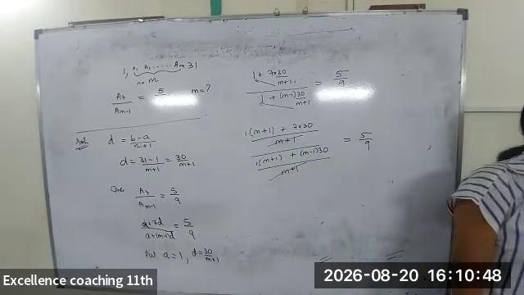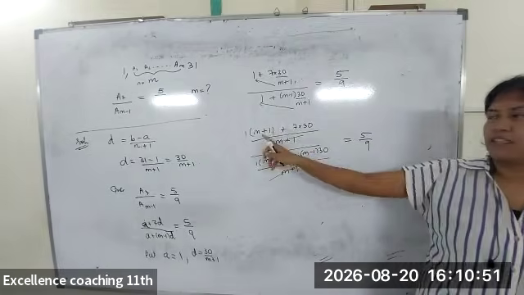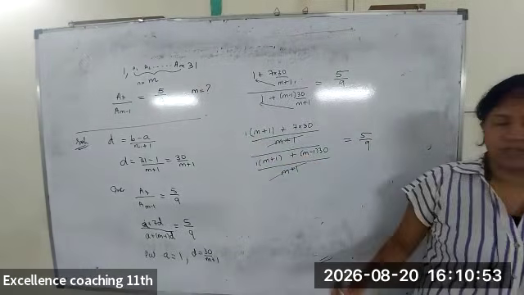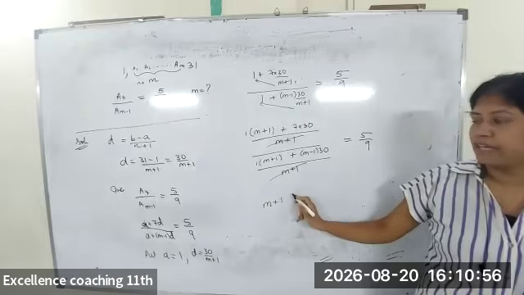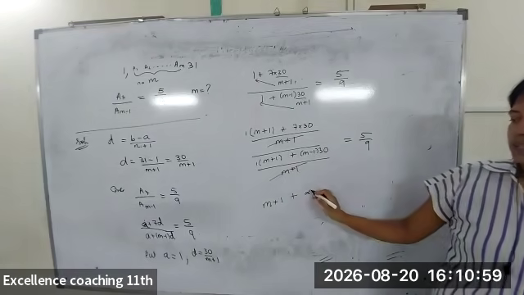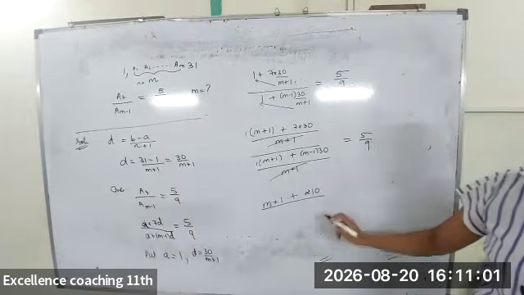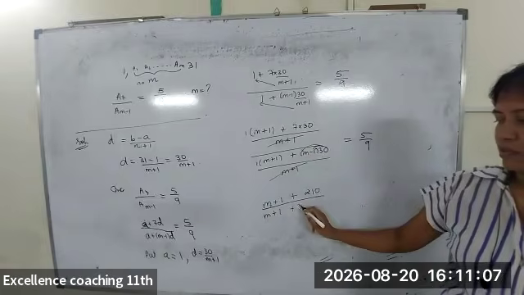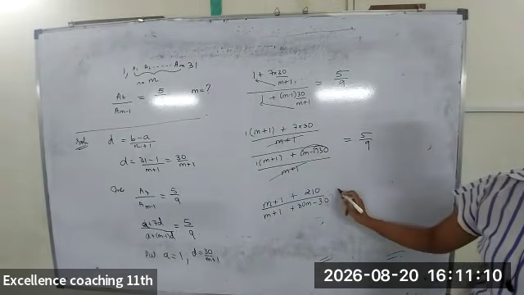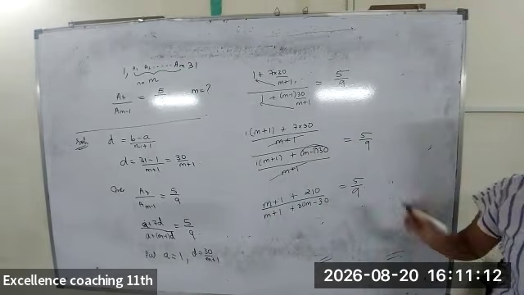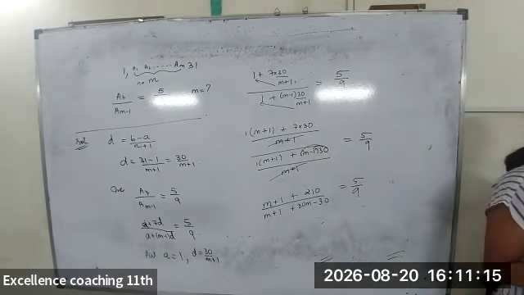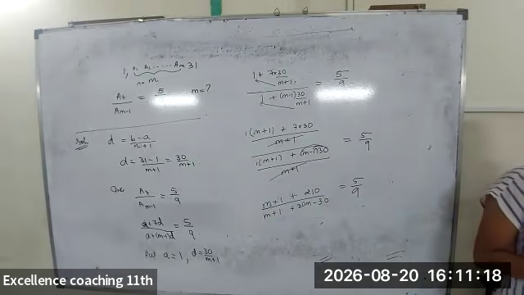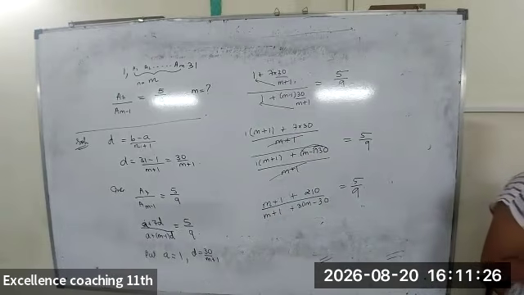Cross multiplied. Now open up the brackets, or if you have directly written m plus 1, that's also fine. M plus 1 you will get. This will turn out to be 210 upon m plus 1. M value we will get from there.